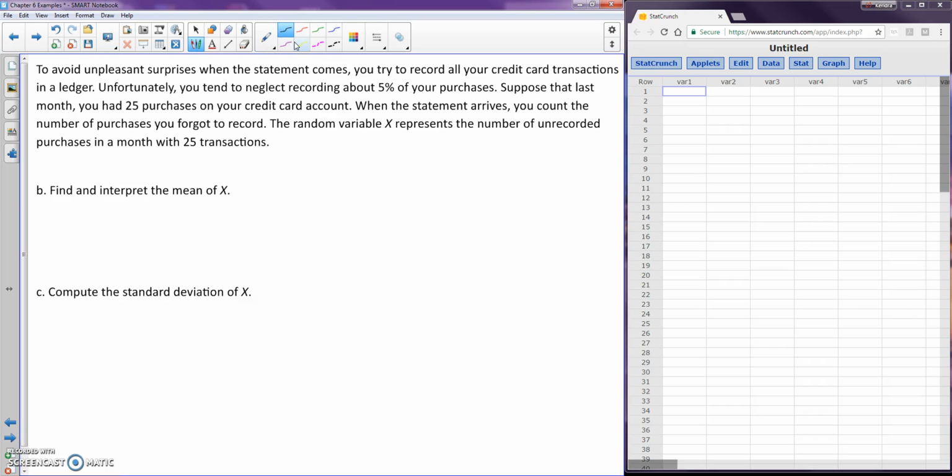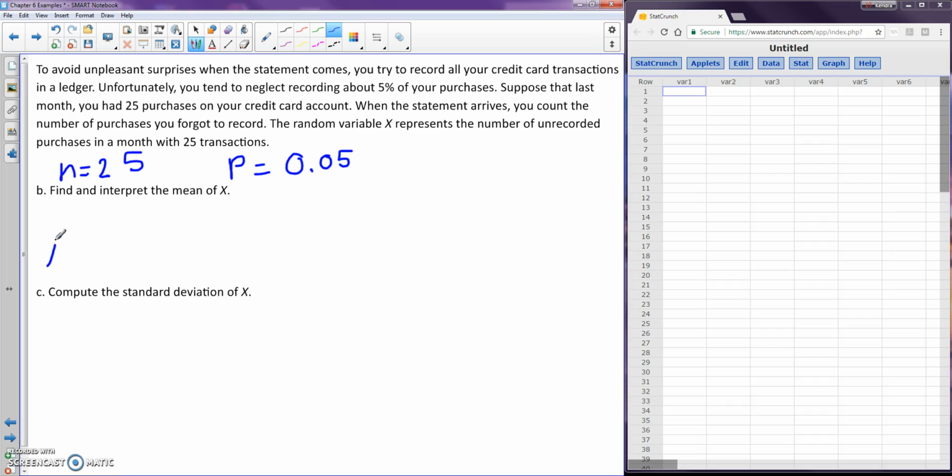Here, let's get back to our pen. So we have that n is 25. p is 0.05. We have a simple formula to compute the mean here.